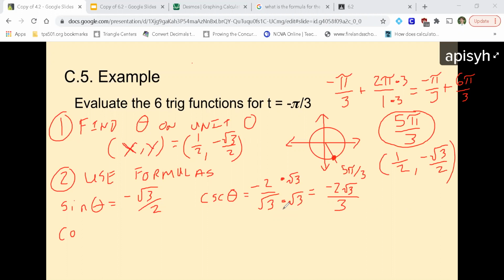The cotangent, or sorry, not cotangent, cosine, getting ahead of myself, of your angle is just the x value. So it'll be a half. Secant is the reciprocal of cosine. So instead of 1 over 2, it's 2 over 1.